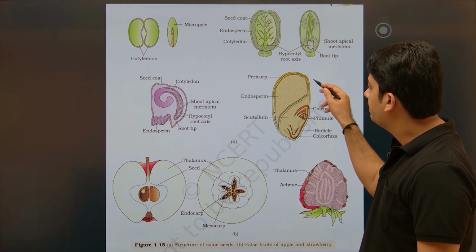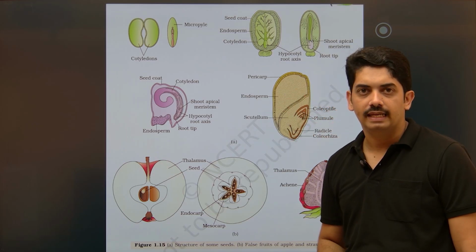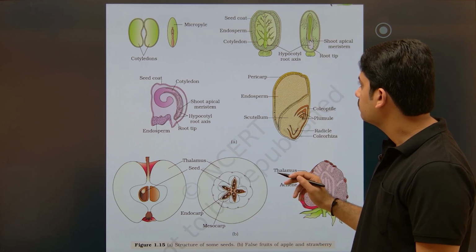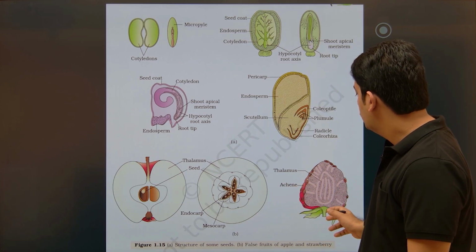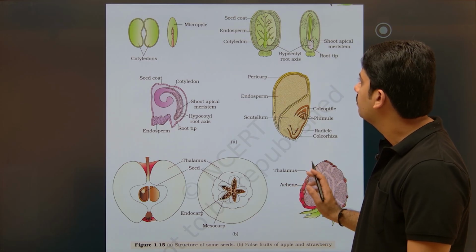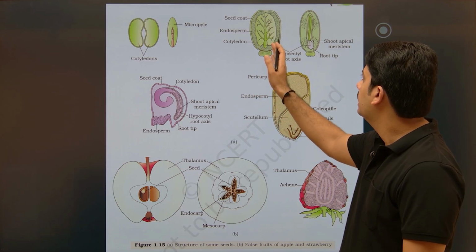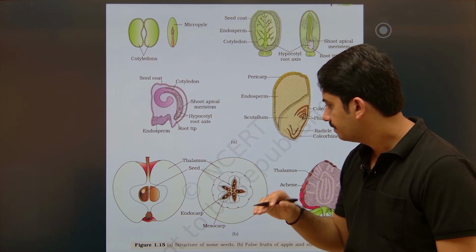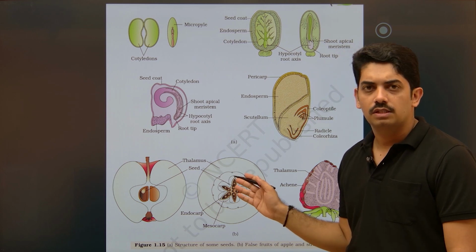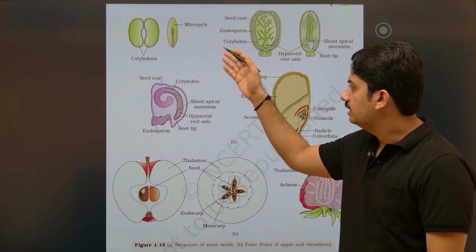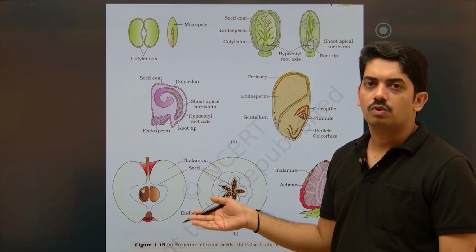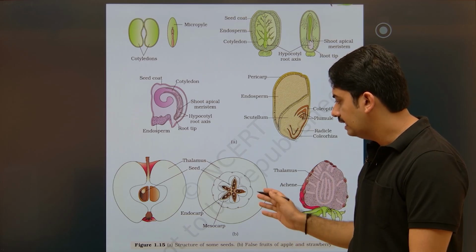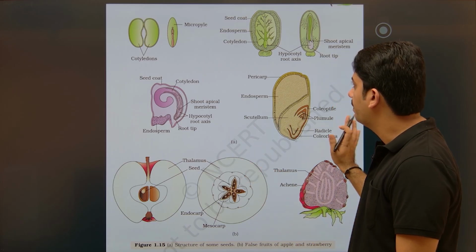What is this pericarp actually? Proteinaceous layer, that is pericarp. Okay, so here is the strawberry. These are some examples of embryo, and this is the cotyledon in the case of dicots. There are some questions which appeared from these diagram-based questions in NEET and CET that we will discuss in the later part of the topic.